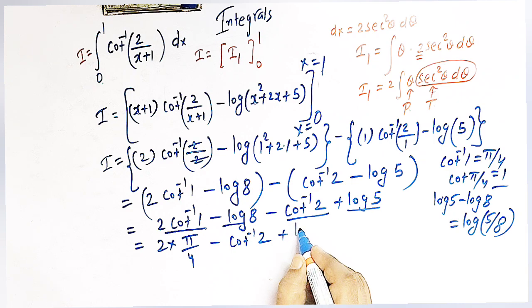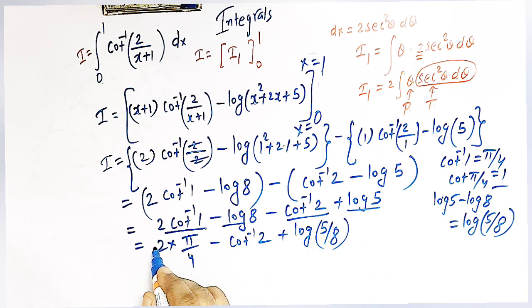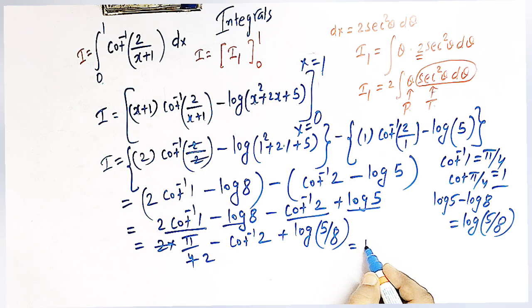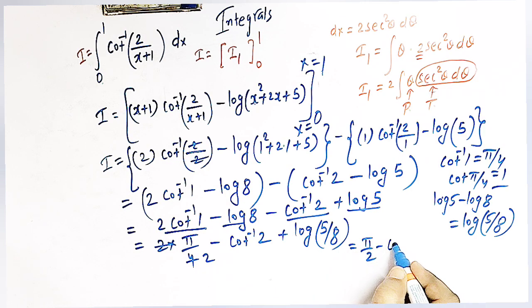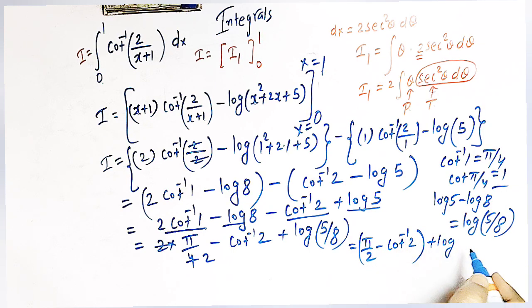Now this is 2 times 2 is 4. So we have pi by 2 minus cot inverse of 2. And here we have log of 5 over 8.